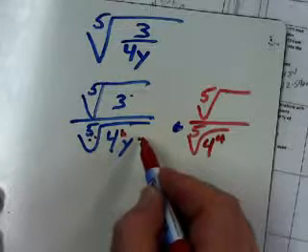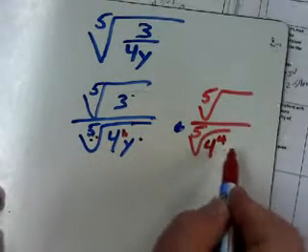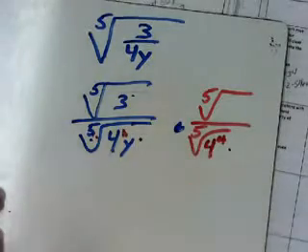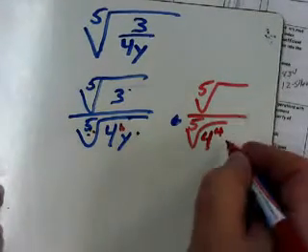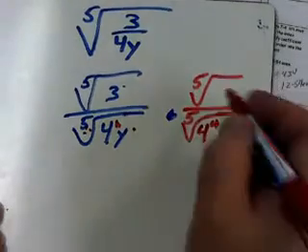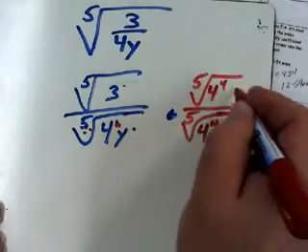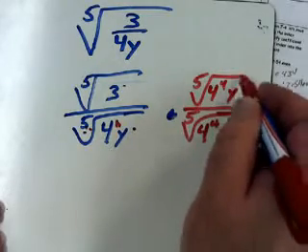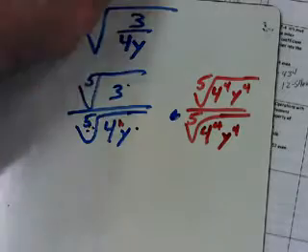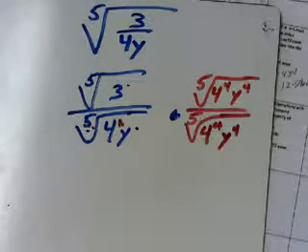So what power of y over here am I going to have to put in to get me up to a 5? Y to the 4th. So up here I have 4 to the 4th, y to the 4th, because I have to do the same on both numerator and denominator. Okay?